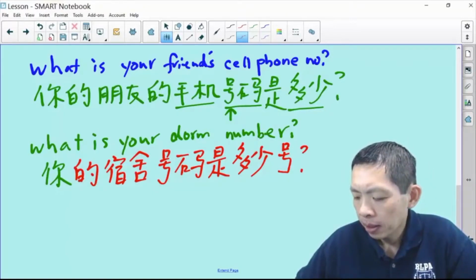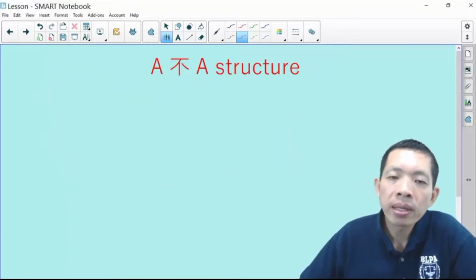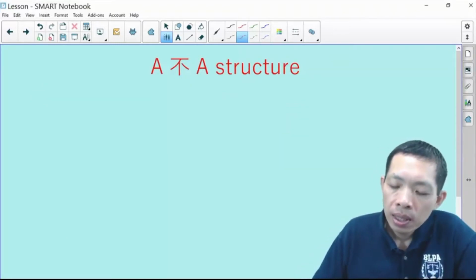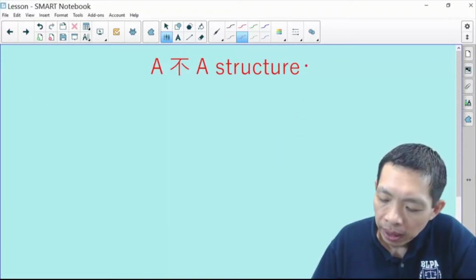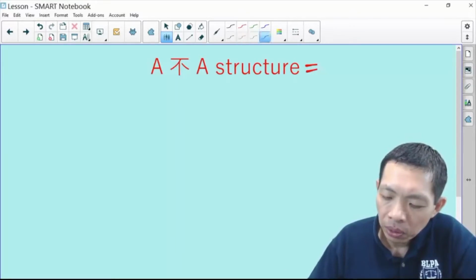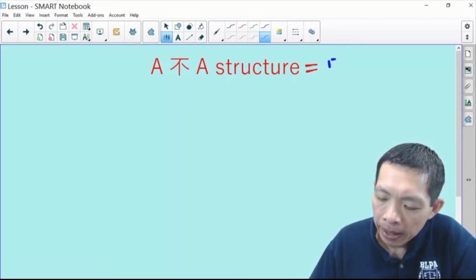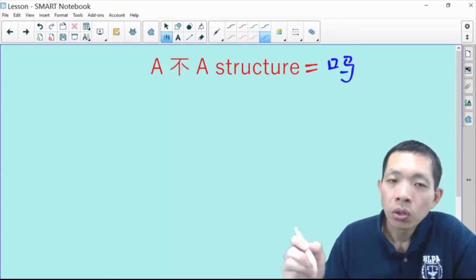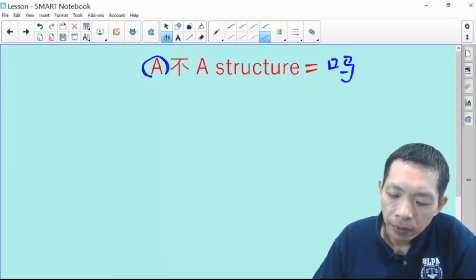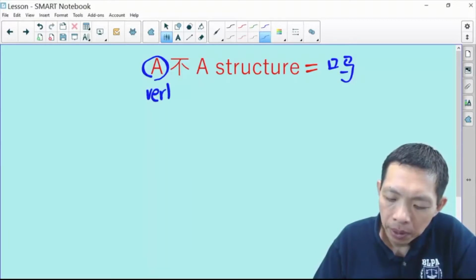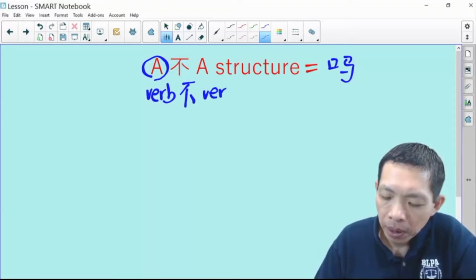Now let's look at number 2. What is the ABA structure? Its ABA structure is actually equal to ma at the end. So what does the A stand for? A stands for a verb. So verb, not verb.